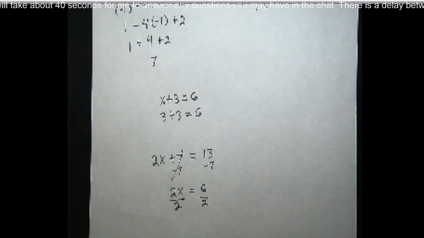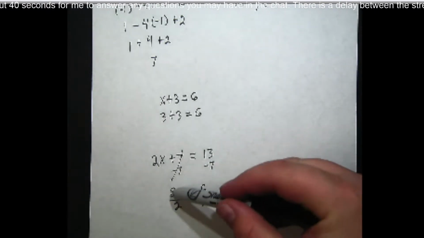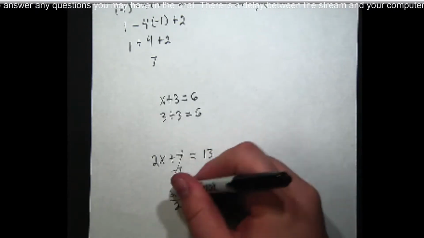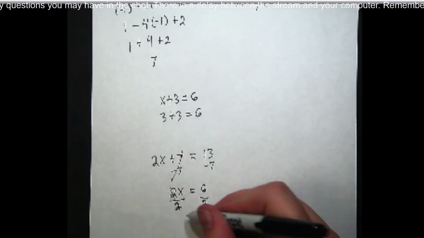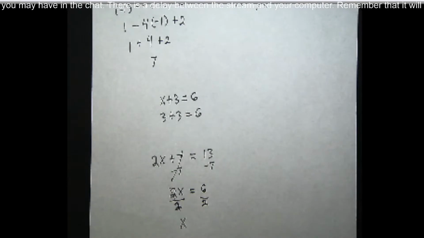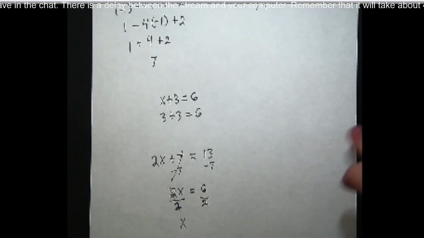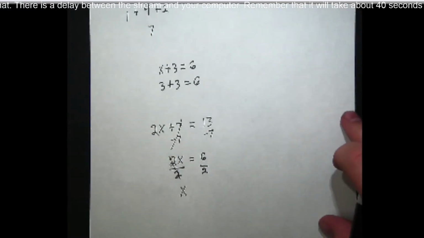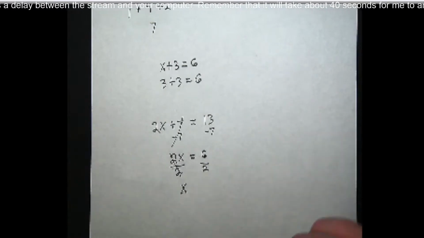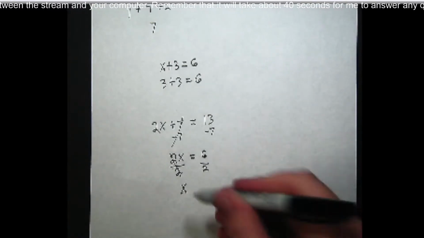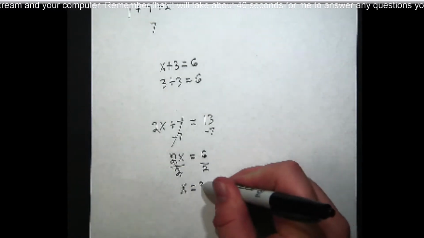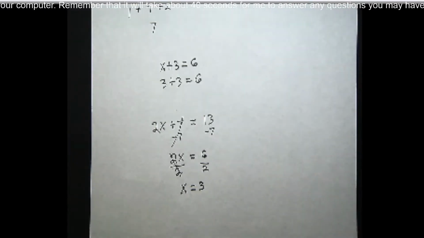Okay, so again, opposites, 2 times x, divide by 2, those are opposites. They cancel, leaving us with x. And then 6 divided by 2 is 3.